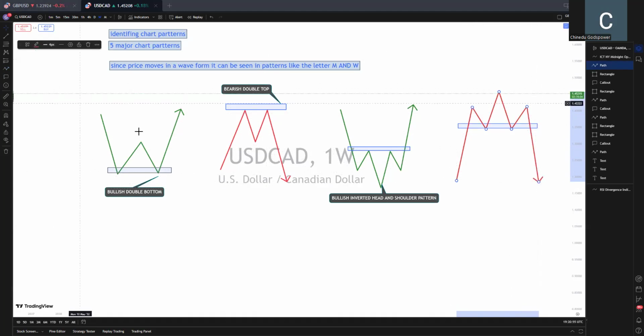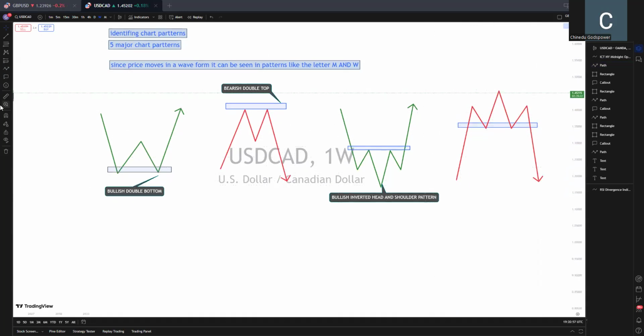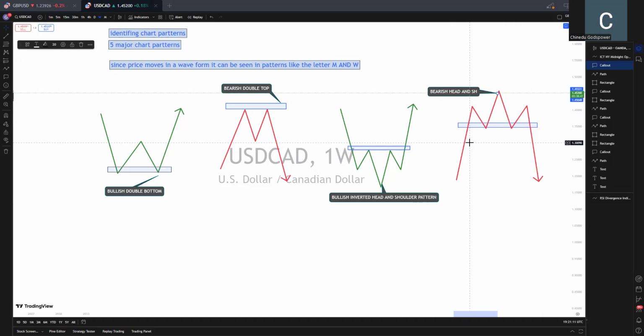Because it's bearish, turn it red. Using our callout, what do you call it? A bearish head and shoulder.